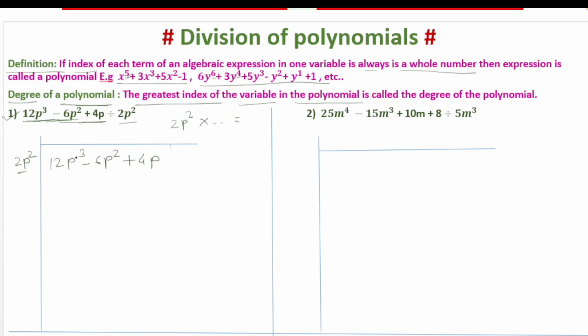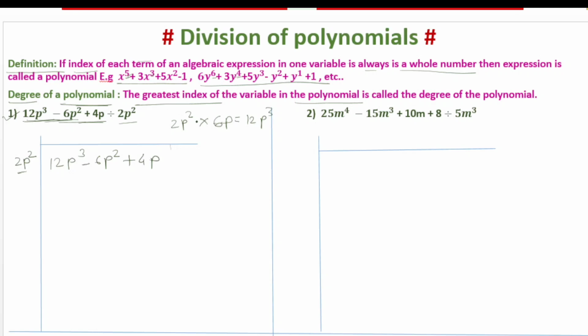Which term do we multiply by 2p square to get 12p cube? Obviously 6 twos are 12, and since we want p cube instead of p square, we take another p. So if we multiply 6p by 2p square, we get 12p cube.